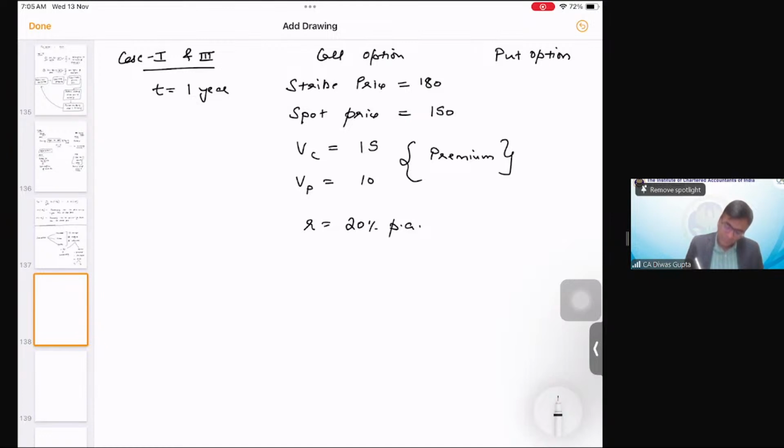So first let's talk about the initial cash flows. By initial cash flows I mean once we are entering into the call option and put option.